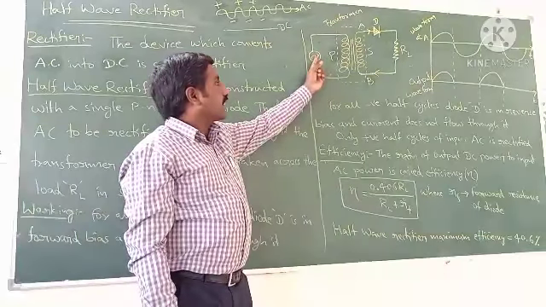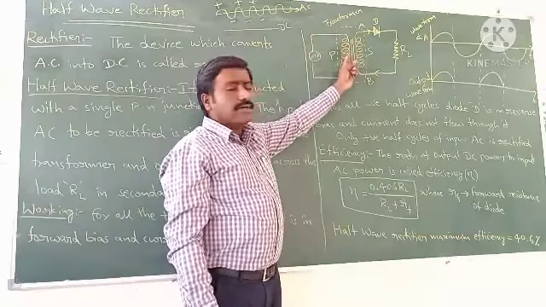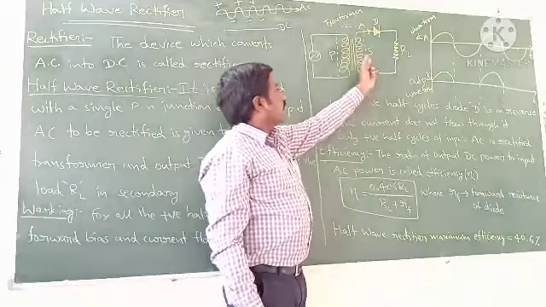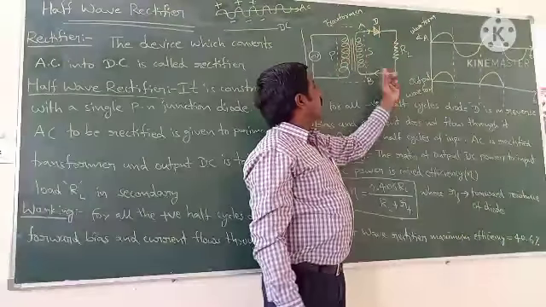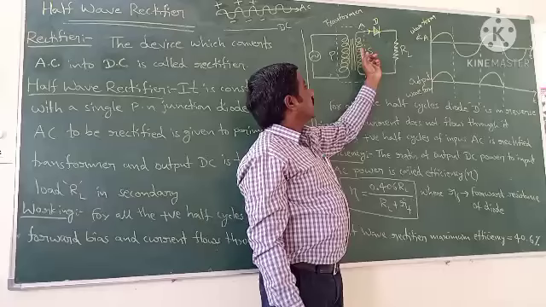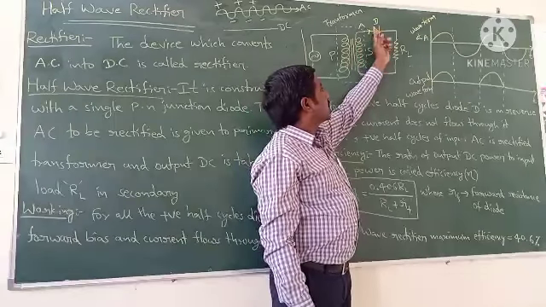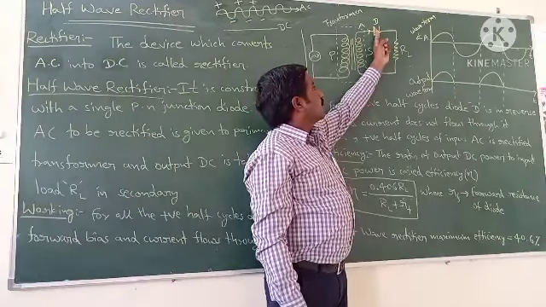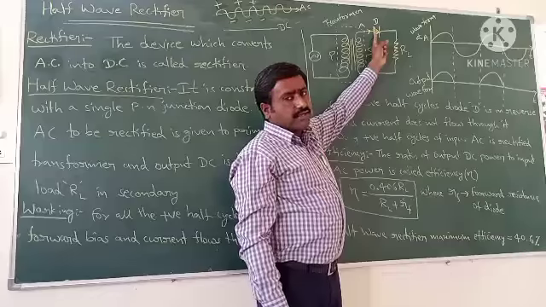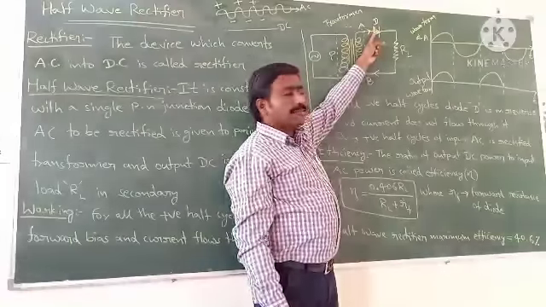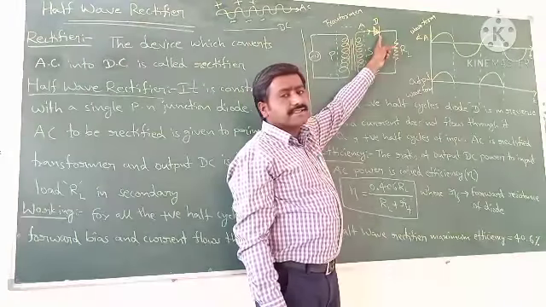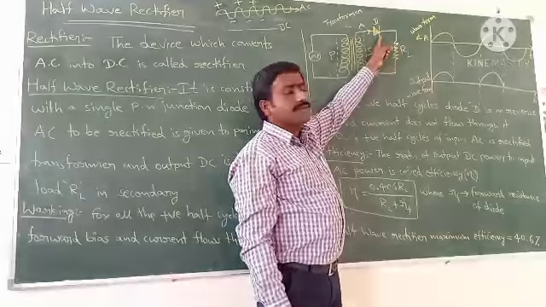The alternating current is connected to the primary coil. And this is the secondary coil. This secondary coil is connected to a diode. This is the representation of a diode. This one represents the p-type semiconductor and this line indicates the n-type semiconductor.